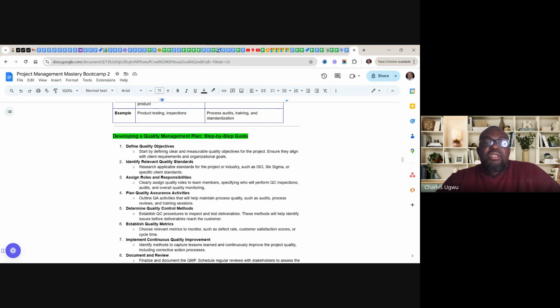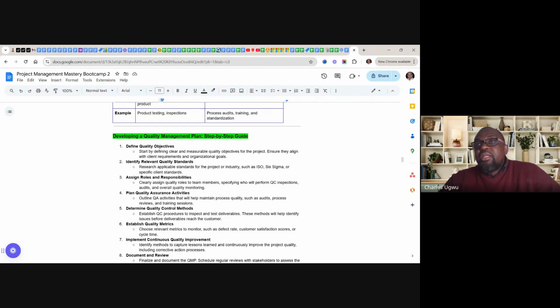Number four, plan quality assurance activities. Outline quality assurance activities that will help maintain process quality, such as audits, process reviews, and training. You can create specific meetings to review quality.